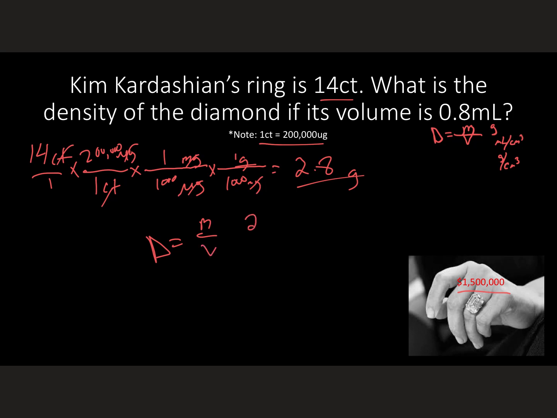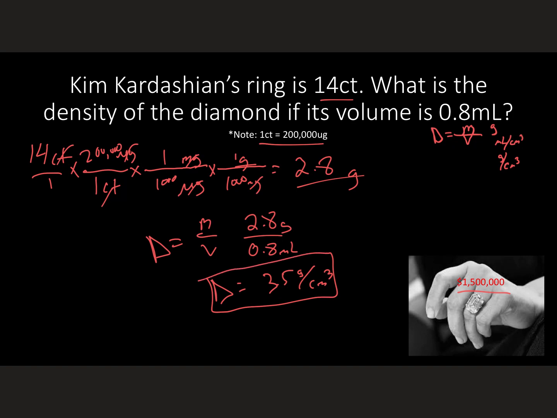So we have our mass, 2.8 grams. We have our volume of 0.8 milliliters or centimeters cubed, and that will give us our density. And the density comes out to 3.5 grams per centimeter cubed.